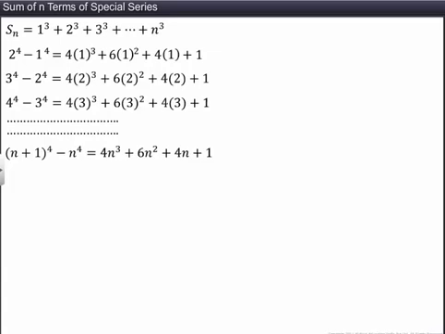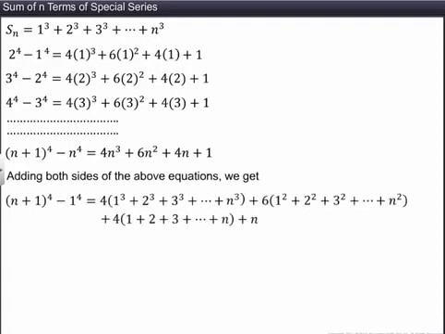On adding the respective sides of all the above equations, we get (n plus 1) whole raised to the power of 4 minus 1 raised to the power of 4 is equal to 4 into the sum of the cubes of the first n natural numbers plus 6 into the sum of the squares of first n natural numbers plus 4 into the sum of the first n natural numbers plus n.